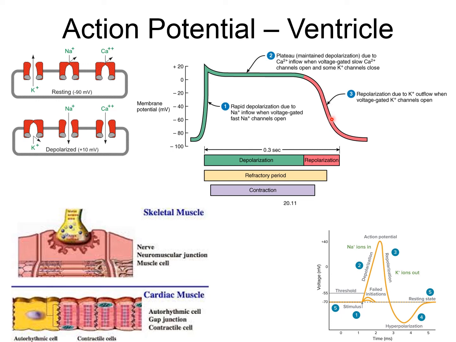Then at a certain level of negative ions, the calcium channels, which were closed at resting membrane potential, close again, so the membrane goes to the complete resting membrane potential. So the only difference is the plateau phase, which is provided by calcium channels and the entry of calcium ions into the cell.